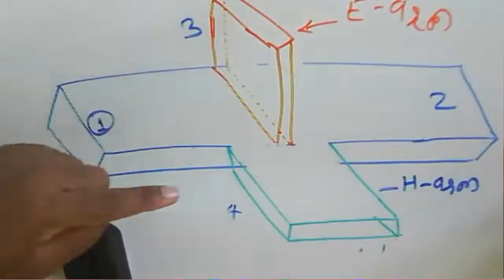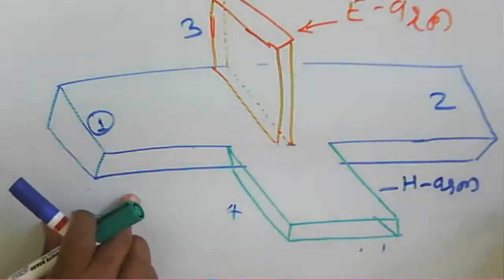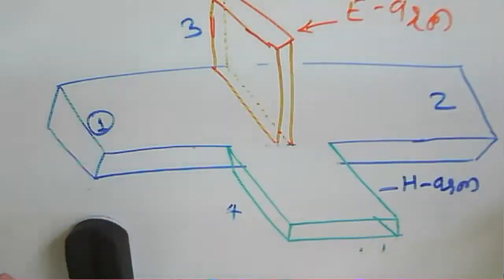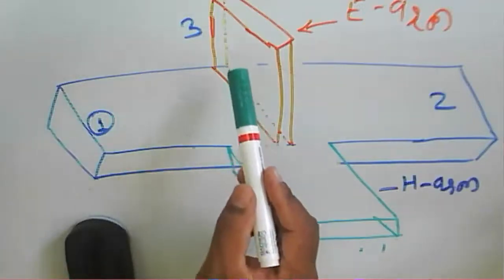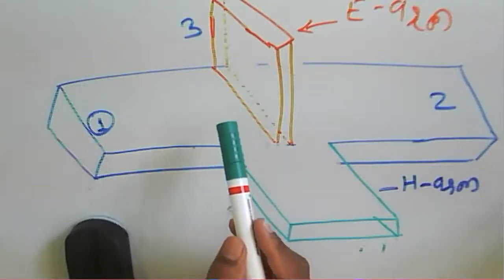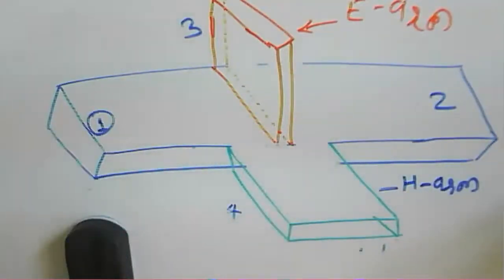So we need to consider what magic happens for this particular E plane or H plane junction, and why we say it is a magic T. We consider port 1 and port 2 here, if we give the input, or if the input is given to port 3 or port 4. So what happens to this particular junction?